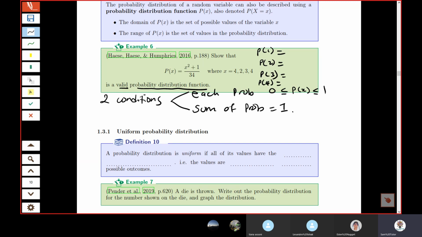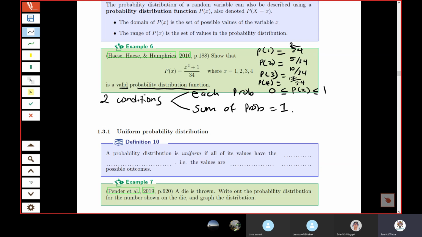And that's what will happen even more in year 12, where a lot of things will overlap, and you'll find year 12 topics a lot easier than your year 11 topics. But anyways, 1 squared is 1, 1 plus 1 is 2, 2 on 34. 2 squared is 4, 4 plus 1 is 5, 5 on 34. 3 squared is 9, 9 plus 1 is 10, 10 on 34. 4 squared, 16, 17 on 34.